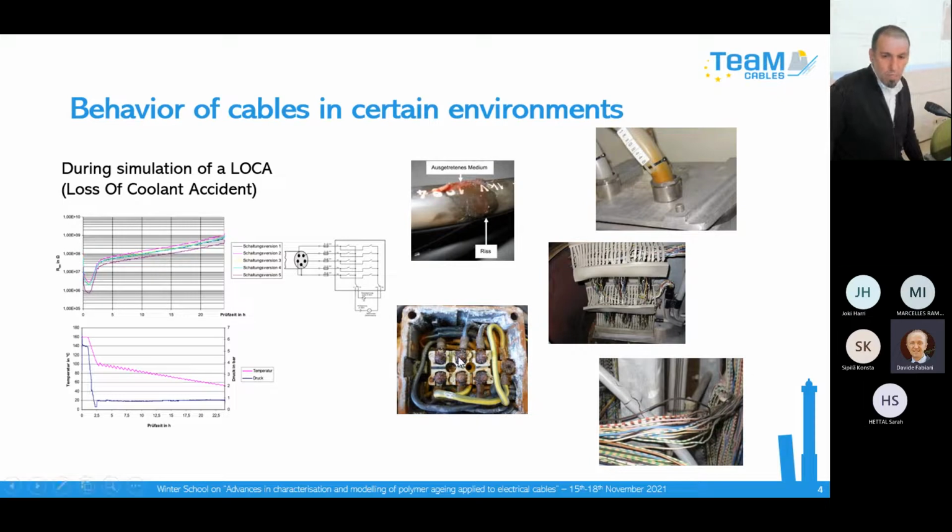And as you see here, these are manageable loads the equipment is exposed to. Here are some internals of a cabinet. Here we see some crackings, not really relevant, but it is not what you want to find in a nuclear power plant on the sheath.